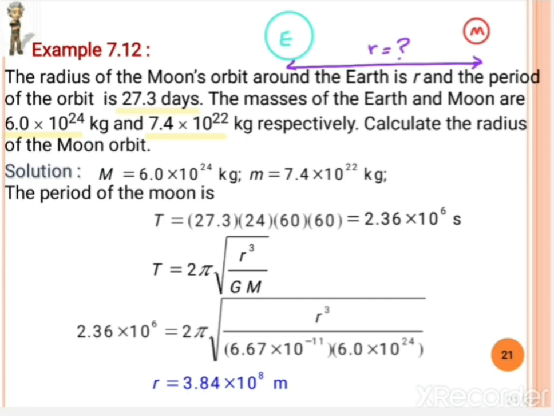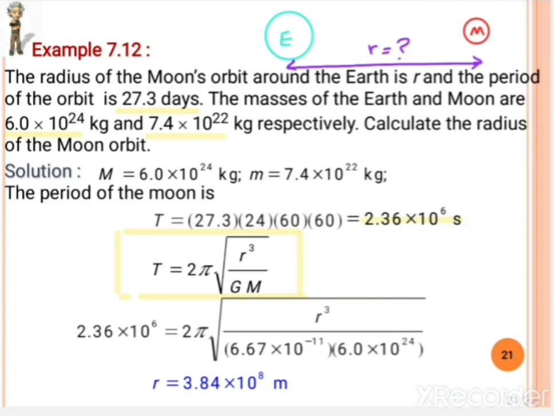So, calculate r by using the formula period T equals 2 pi times square root of r cubed over GM. T was given as 27.3 days. You need to change it to seconds first. So T equals 2.36 times 10 to the power of 6 seconds.